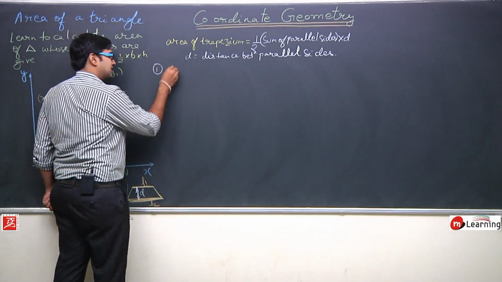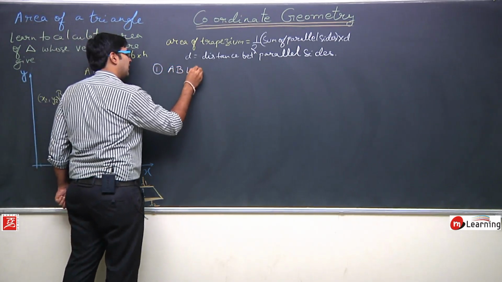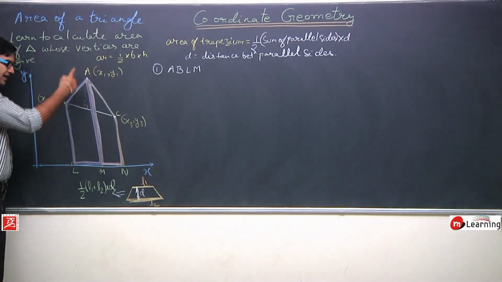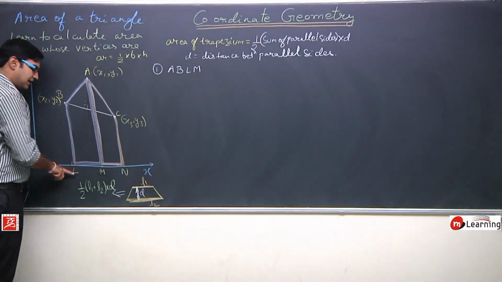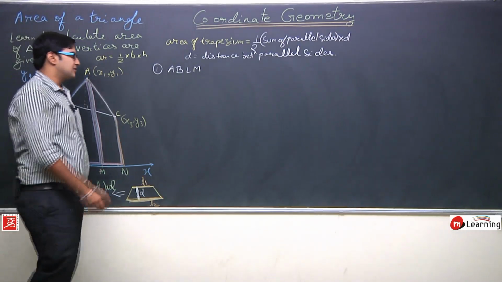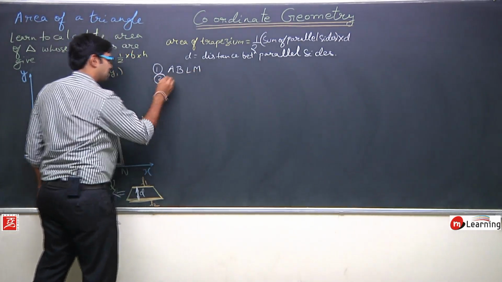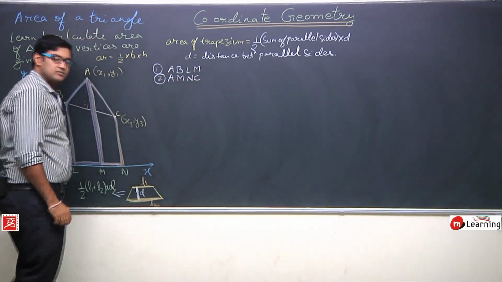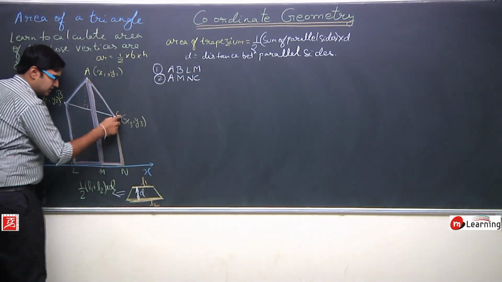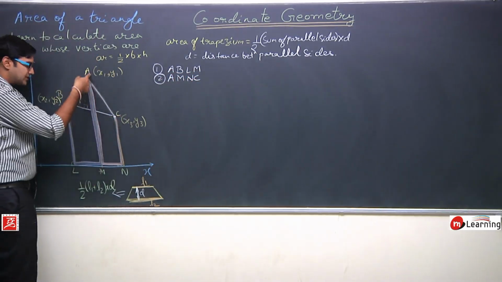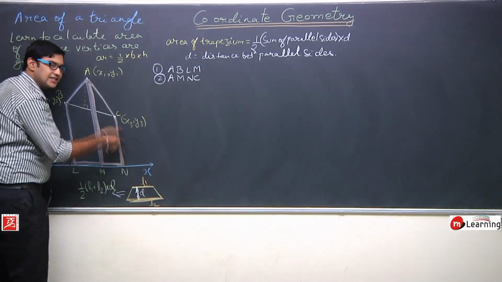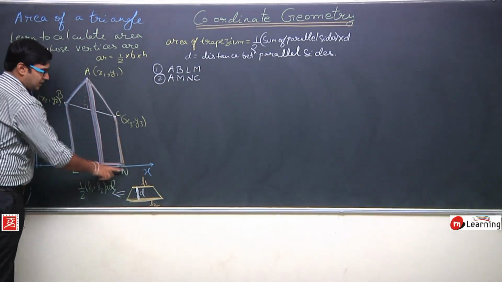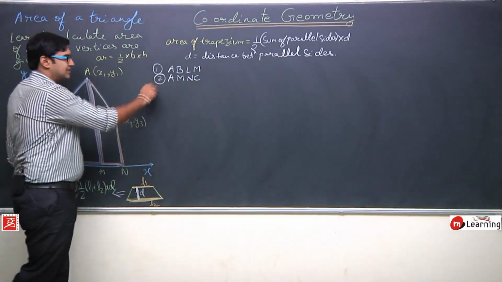The first trapezium is A, B, L, M. BL and AM are parallel, while AB and LM are non-parallel. Similarly, the second trapezium is A, M, N, C. In AMNC, you can see AM is parallel to CN. Okay, AM and CN are parallel, but AC and MN are not parallel. So this is a trapezium.